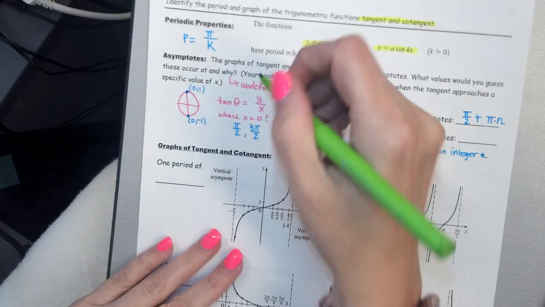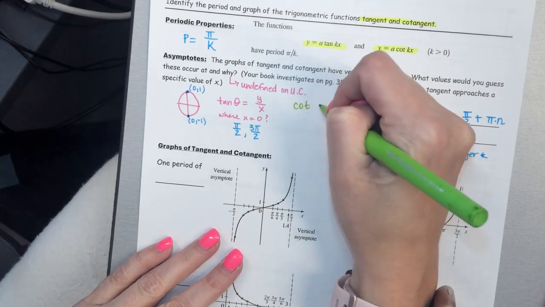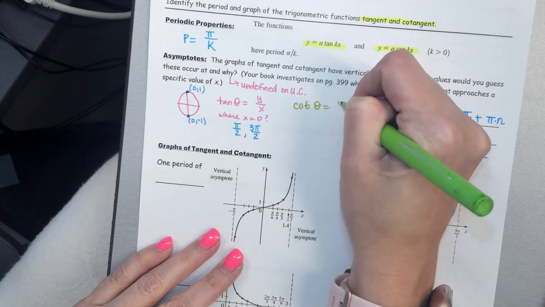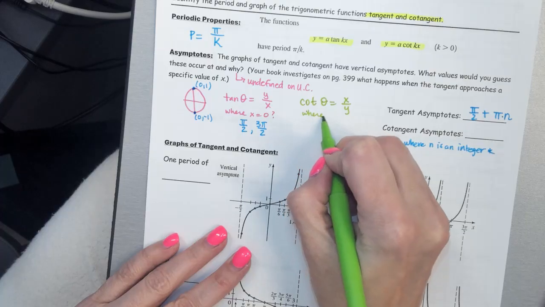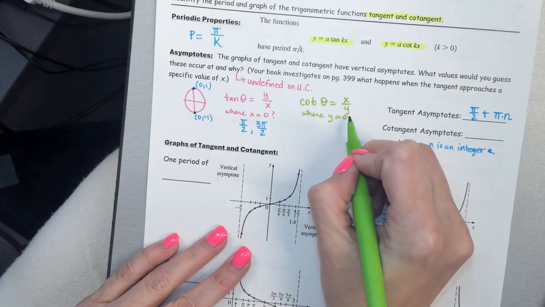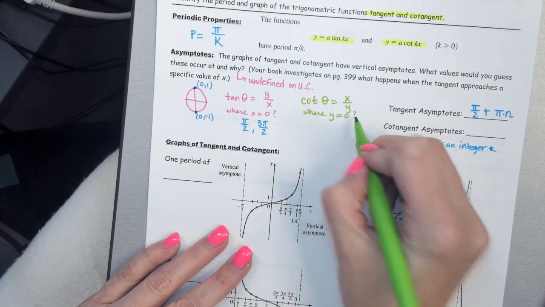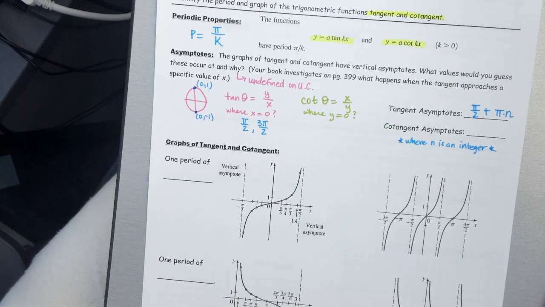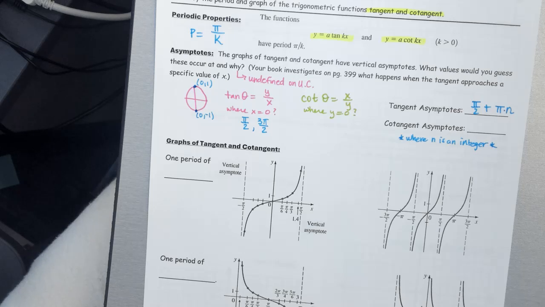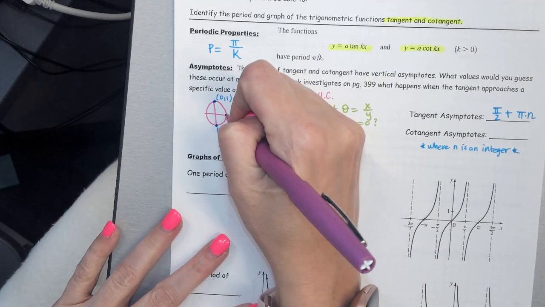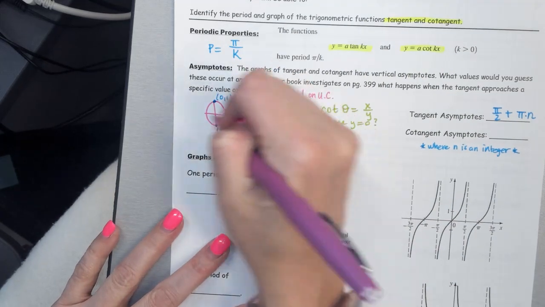And then for your cotangent, you do x over y. So we want to think of the values where y would equal 0. So we're using our unit circle as our reference.